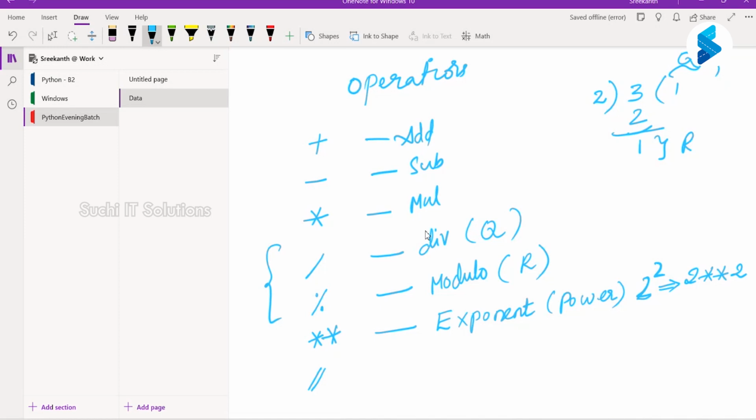And then you have a double slash operator. It is called floor division. So if I say 5 by 2, what is the value? 2.5.